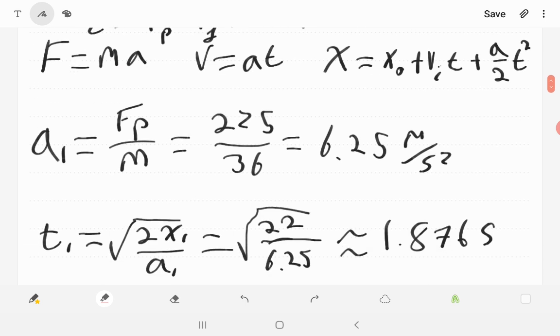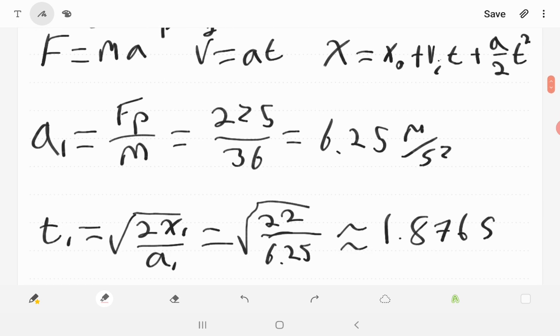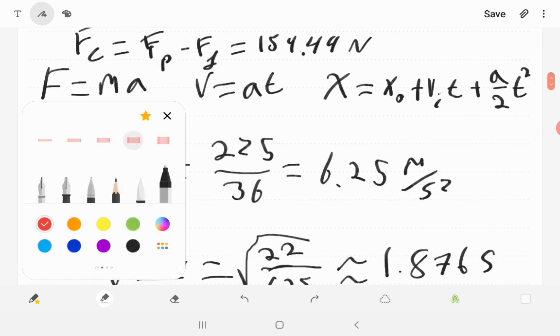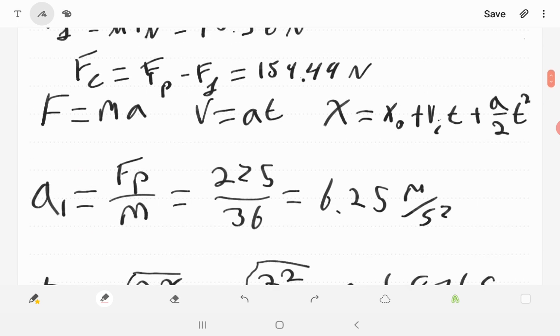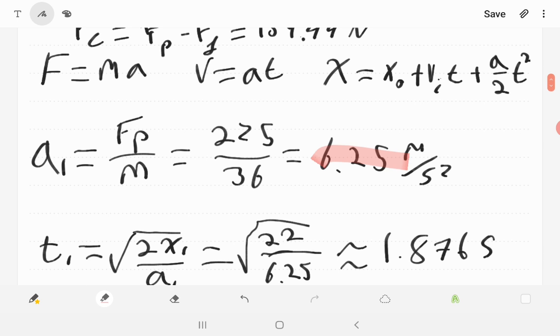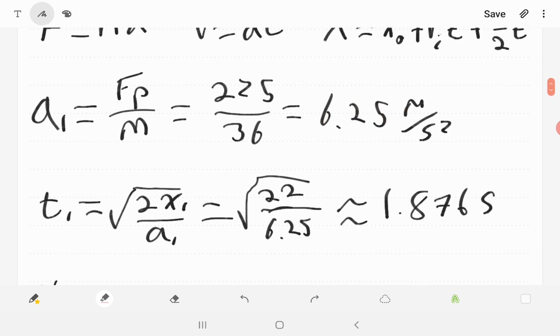Now, starting with the first leg of the journey, we know that the acceleration is going to be equal to the force we pull with divided by its mass using Newton's law. It's going to give us a value of 6.25 meters per second squared for the acceleration.